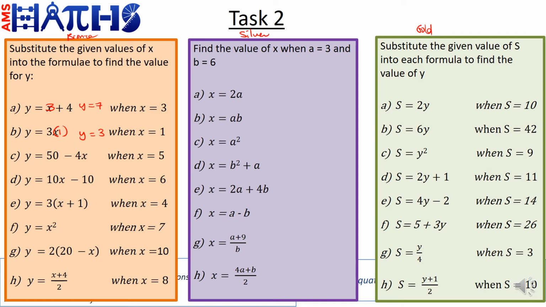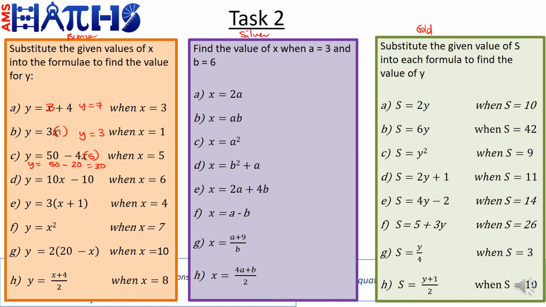Here we have y equals 50 minus 4x when x is 5, so we're going to replace this x with 5, and so we're going to end up with 50 minus 4 times 5, 20, and that gives us y equal 30.